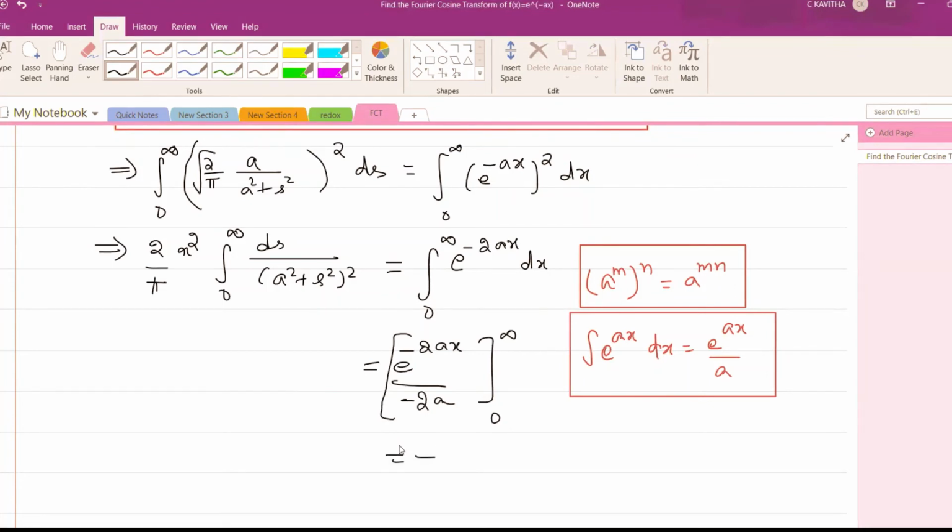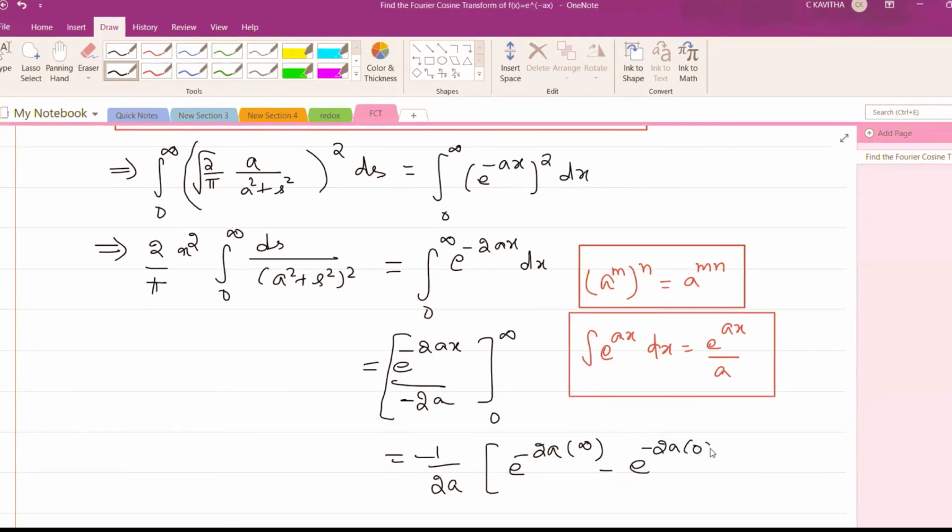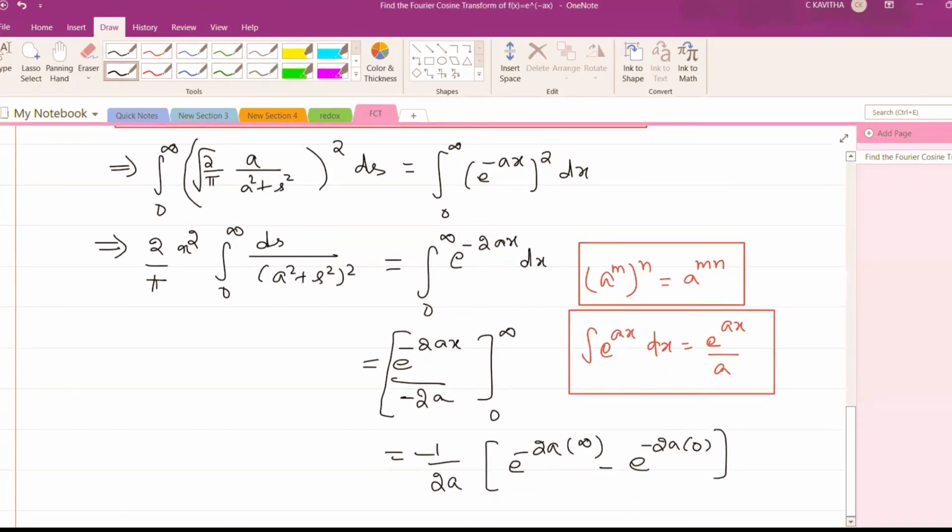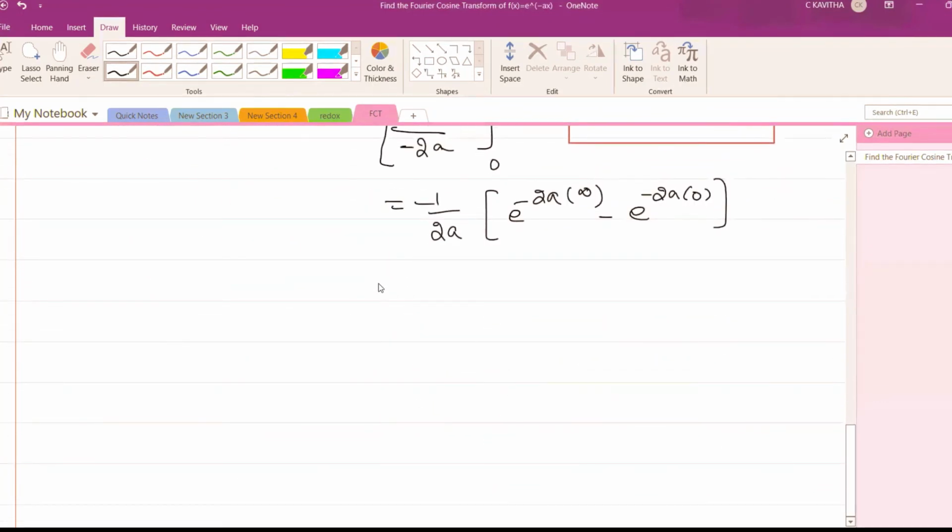Now in the next step, you can take the constant term outside, that is minus 1 by 2a is a constant term, and you have to apply the upper limit as well as lower limit in the place of x. Therefore, it becomes e to the power minus 2a into infinity minus e to the power minus 2a into 0. Now when you multiply infinity with any term, it becomes infinity.